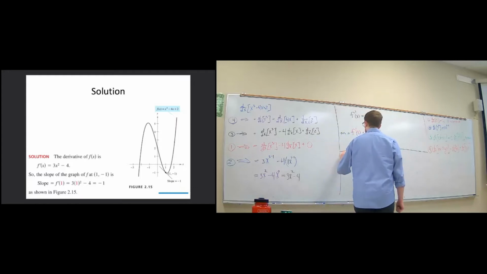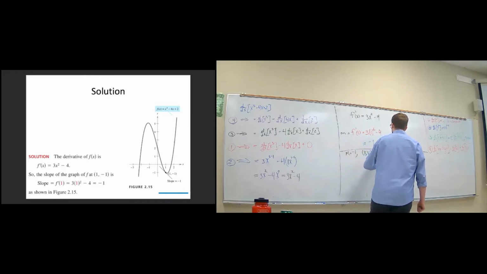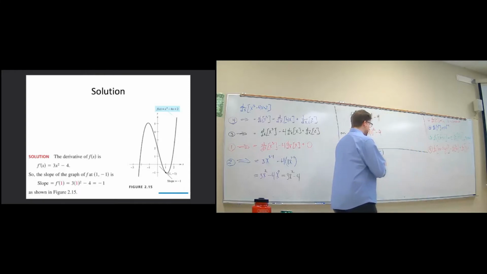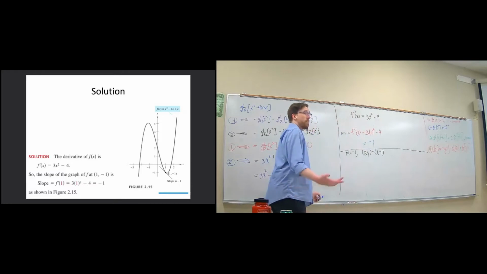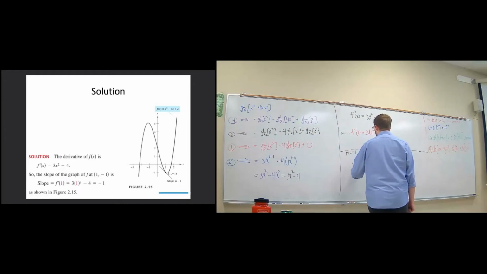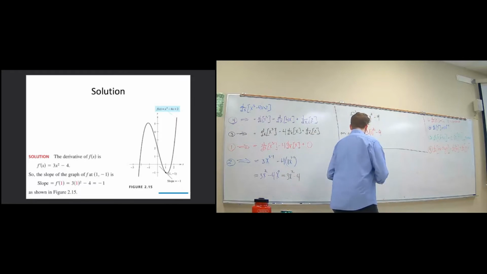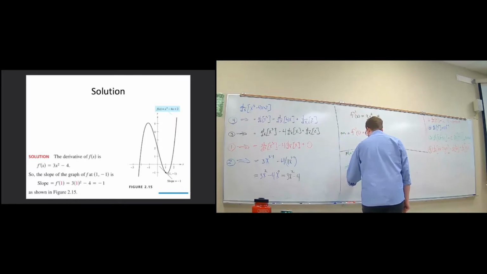So we know our slope is -1, and we know x, y is equal to 1, -1. To find this tangent line, we're going to use point slope form, right? So y minus -1 is equal to -1 times x minus 1, adding -1 to both sides.